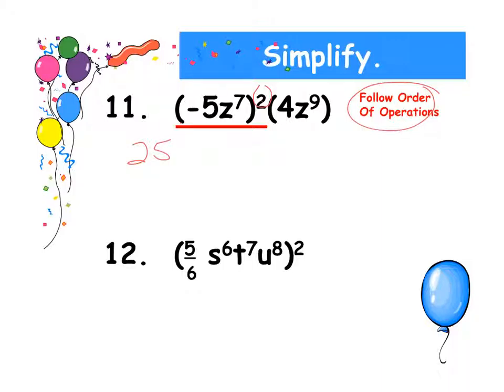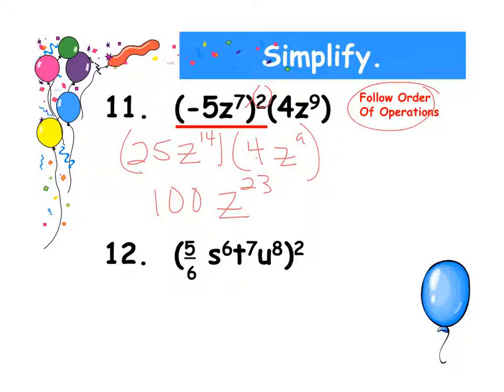Z to the 7th raised to the second power, multiply them, and then I have to take that and multiply that by my 4z to the 9th. So with multiplication rules, I multiply your coefficients, I rewrite my base, and I add my exponents.